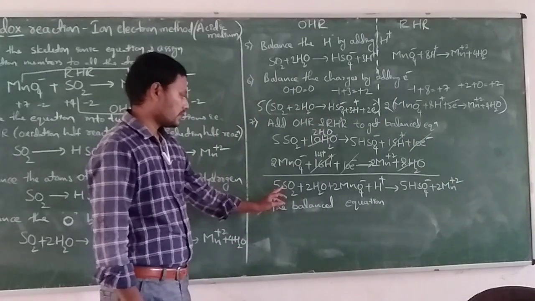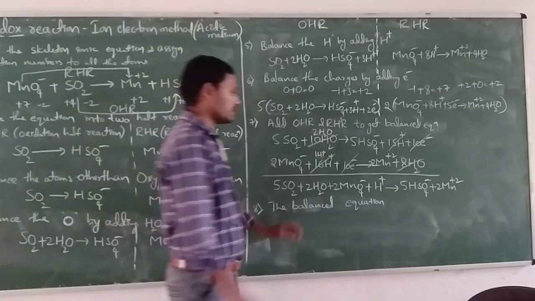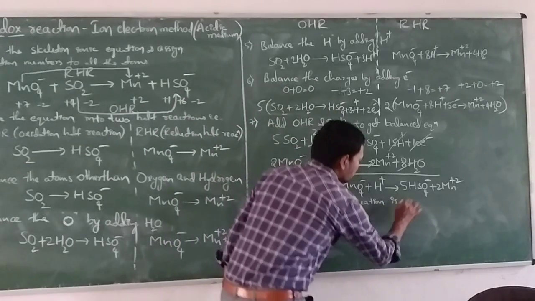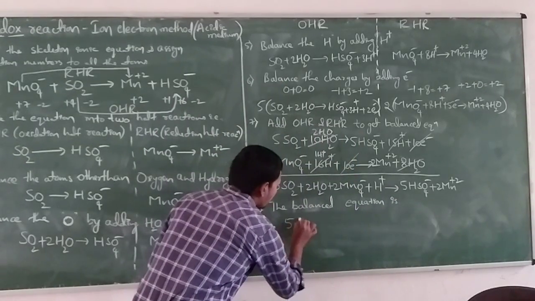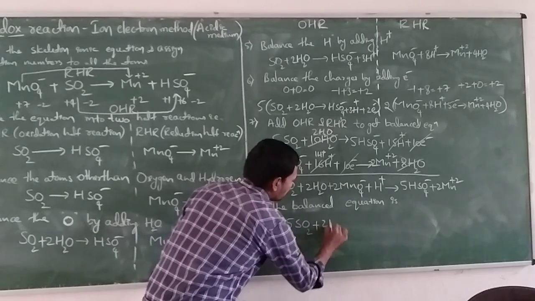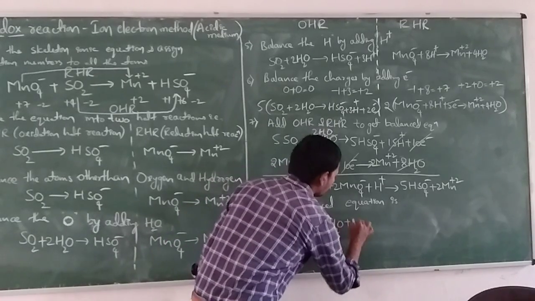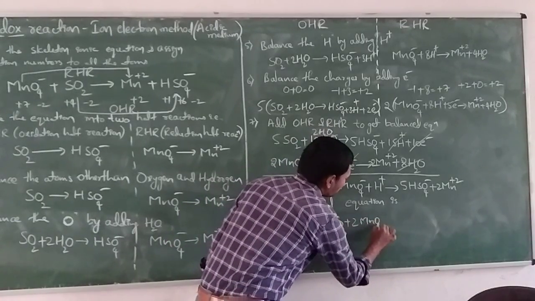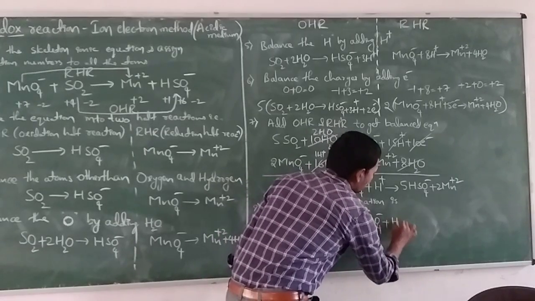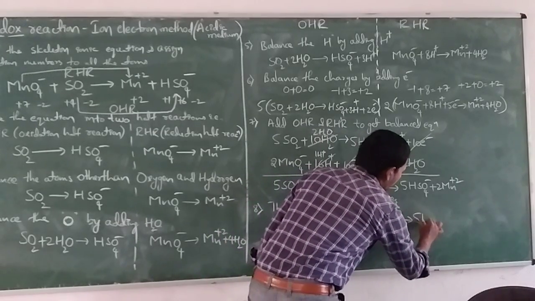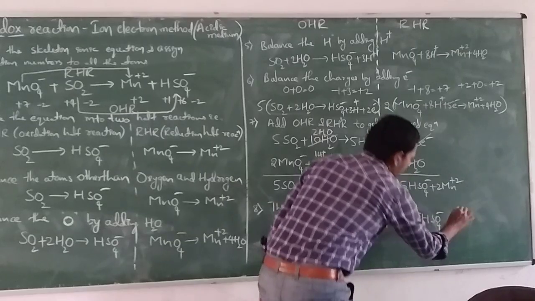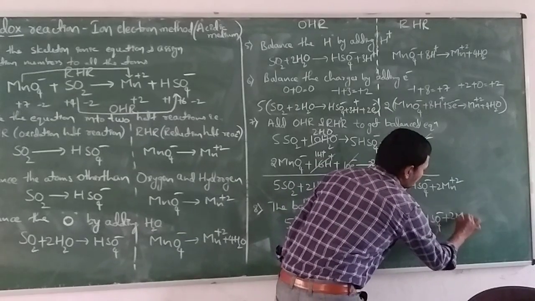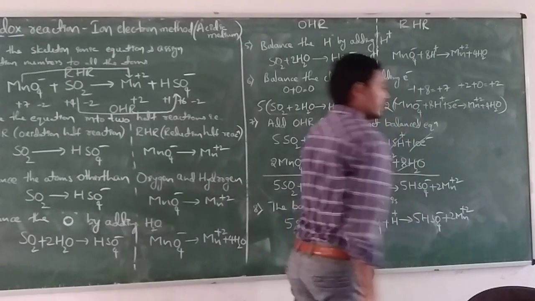Then the final step, the balanced equation: 5 sulfur dioxide plus 2 H2O plus 2 MnO4 minus plus H plus gives rise to 5 HSO4 minus plus 2 Mn plus 2. This is the final answer.